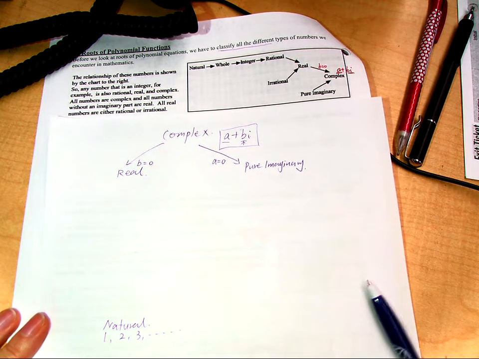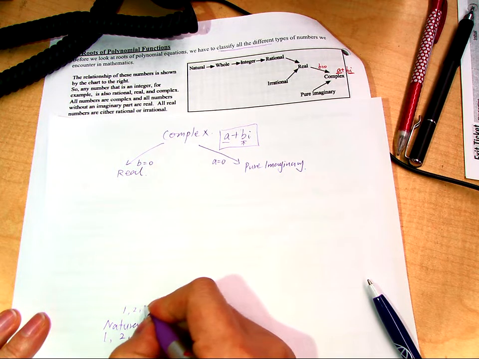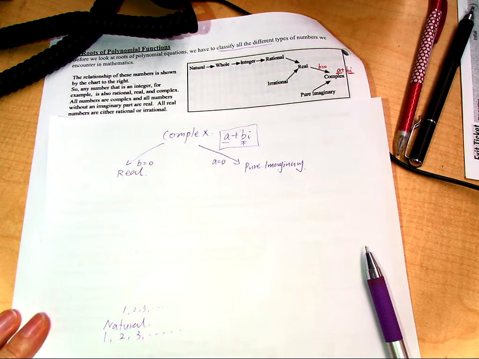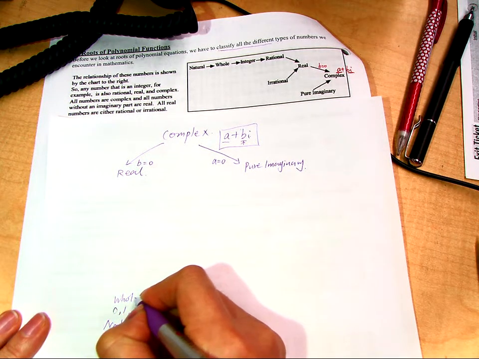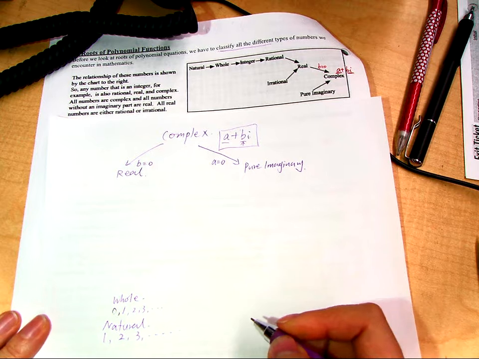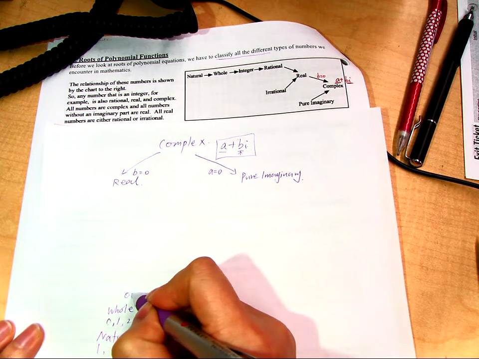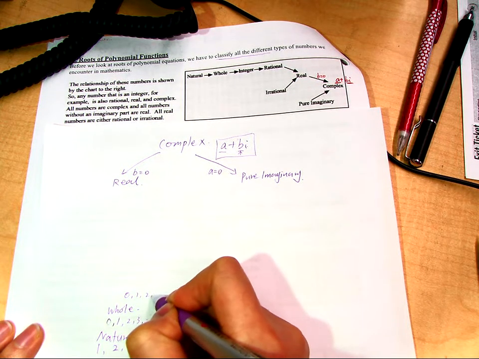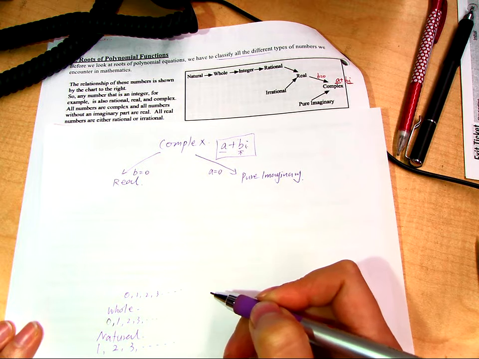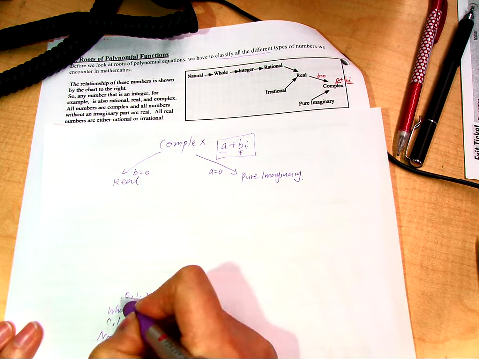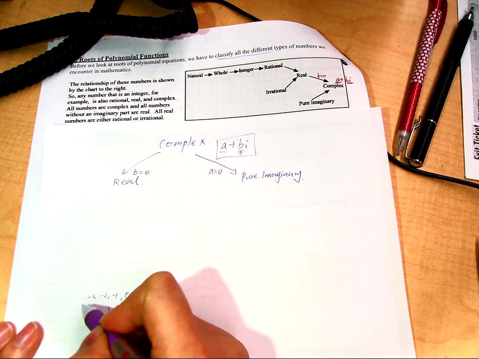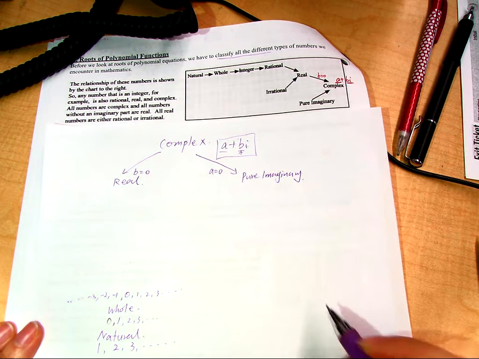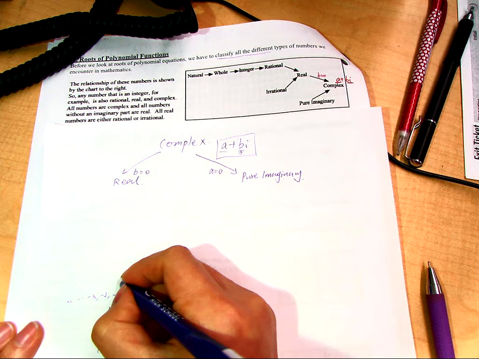And if we have all the natural numbers plus one more number, 0, we call those numbers whole numbers. After that, if we have all the whole numbers, 0, 1, 2, 3, keep going, plus something negative, like -1, -2, -3, keep going, we call those numbers integers.